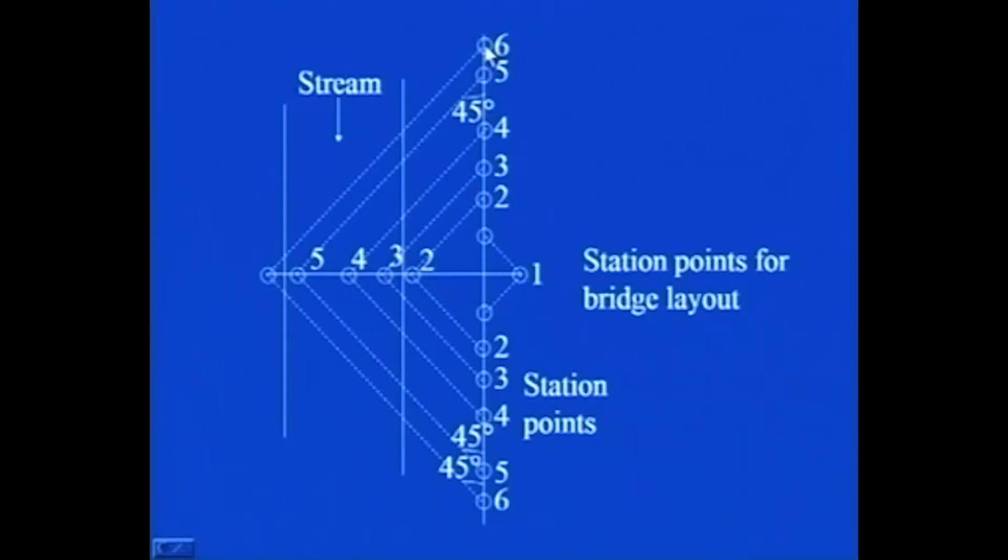So, you can have a line of collimation at 45 degrees from this station point as well as from this station point. Wherever they intersect, this will give you one point for laying out the bridge center line. Likewise, you can get various points on this particular line.